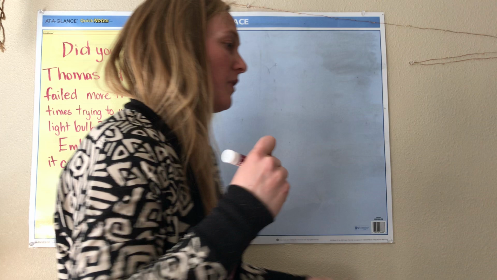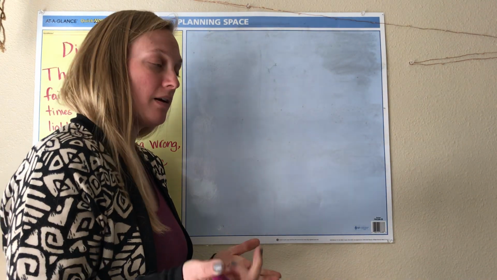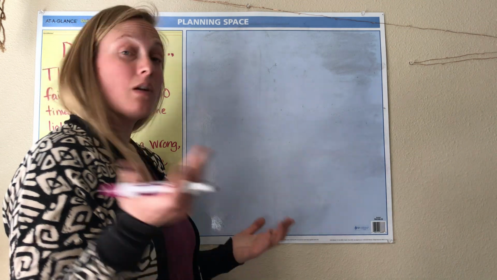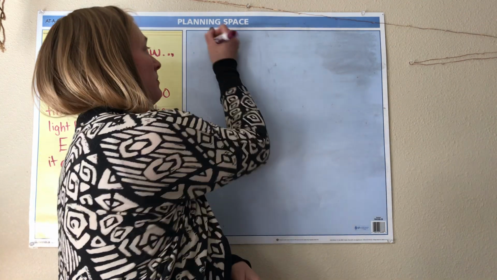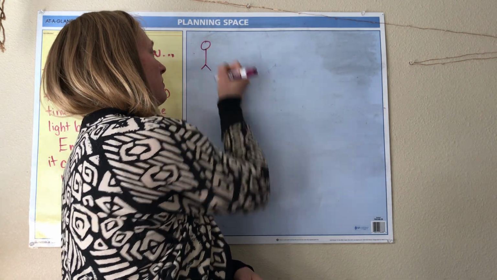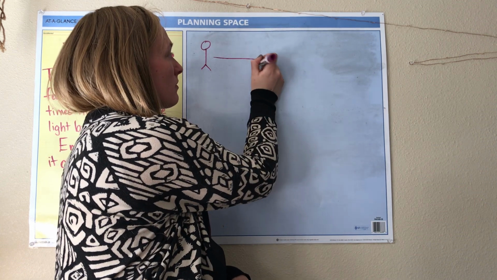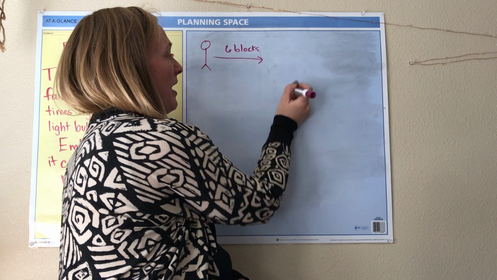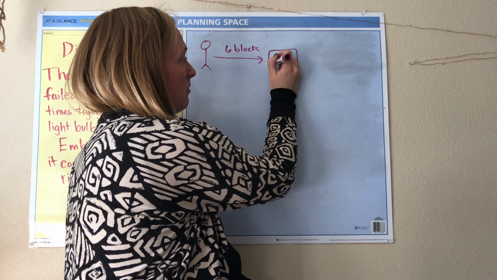Okay, so first thing is we have Max, and he walked 6 blocks from his house to the bus stop. So, just like I said, draw a picture. Here's Max. He walked 6 blocks. And that's to the bus.